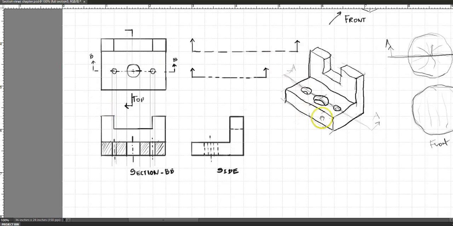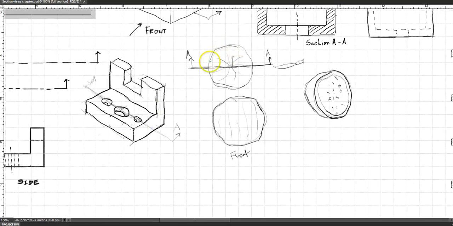Now, if you look for some more examples, I did the watermelon over here. I have my cutting plane line. And if you look, my sectional view should have been placed over here. If I place it over here and call it section AA, it is not a good practice. So it has to be placed right in the opposite direction of where you had the arrows.